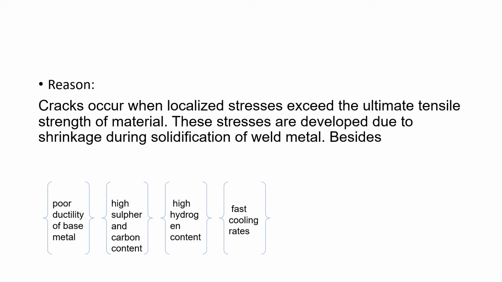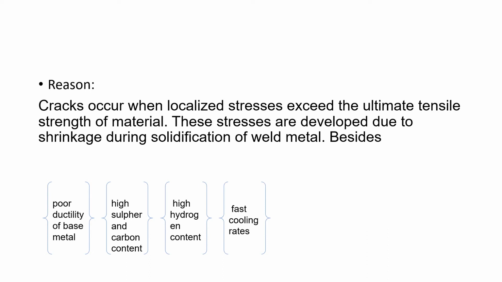So when solidification takes place, that means when the weld loses its temperature, shrinkage occurs, and due to uneven shrinkage over the entire span of the weld, from the core of the weld to the surface of the weld, this crack occurs. Besides this reason, there can be many other reasons also.